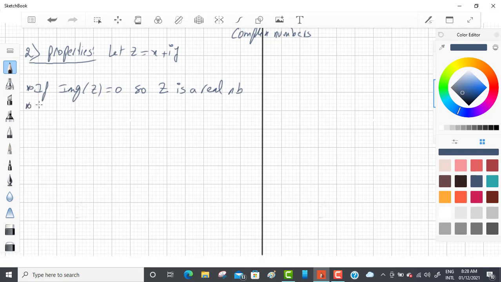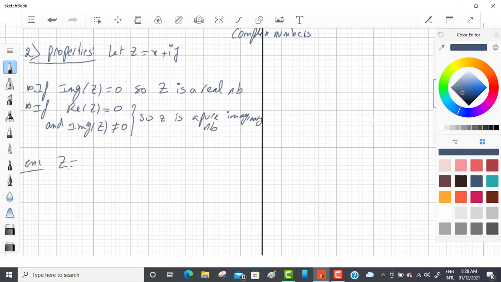But if the real part of z is equal to 0, with another condition, the imaginary part of z not equal to 0, in this case z is a pure imaginary number. Example, z equal 5, z equal minus 3, z equal 0.